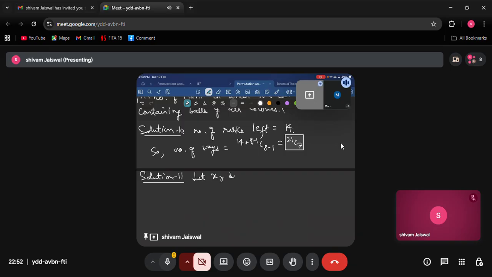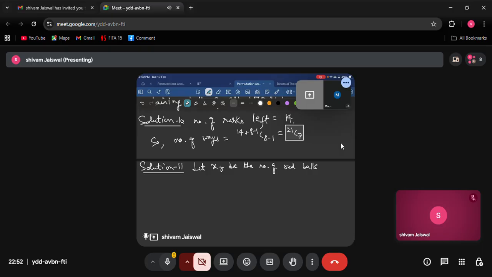Let X_R be the number of red balls selected. Okay. Let us say that you have selected X_R number of red balls. Okay. X_B be the number of blue balls selected.